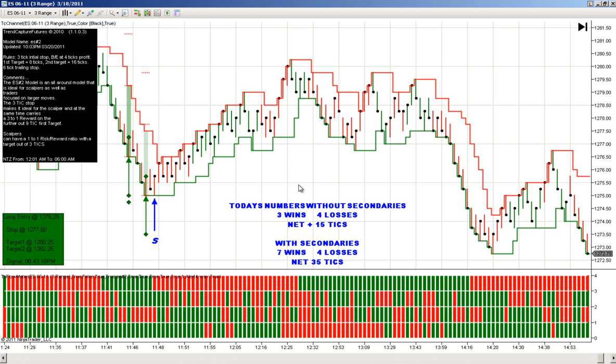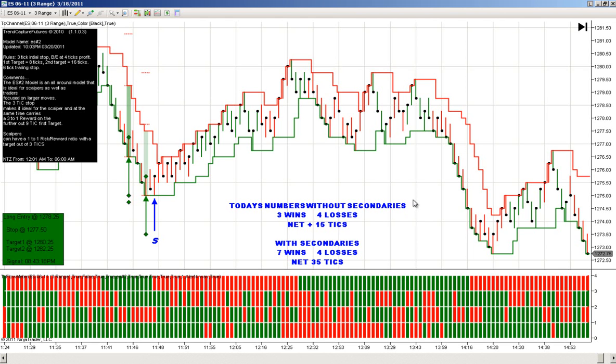So the tally for Friday, without the secondary signals, was 3 wins and 4 losses. So you actually had a losing percentage, but the net was plus 15 ticks. And this comes back to the very tight money management that we're using here.